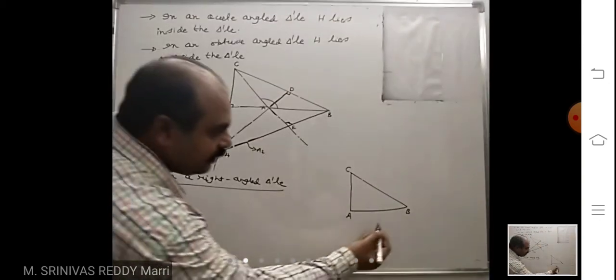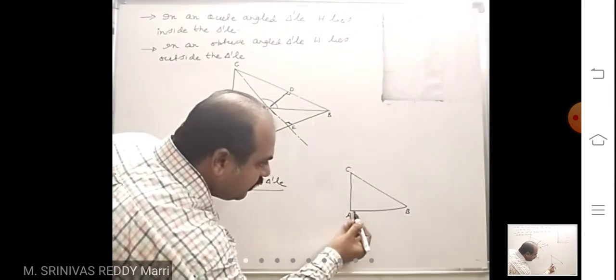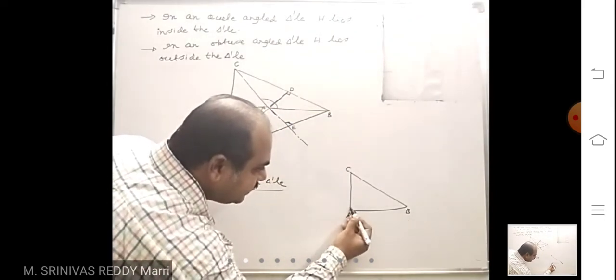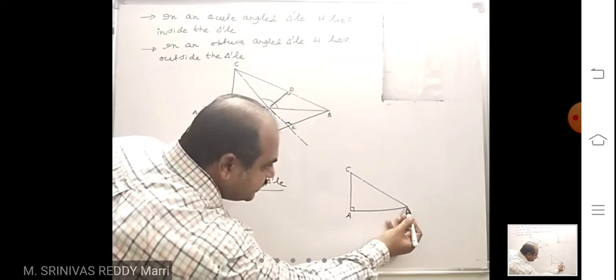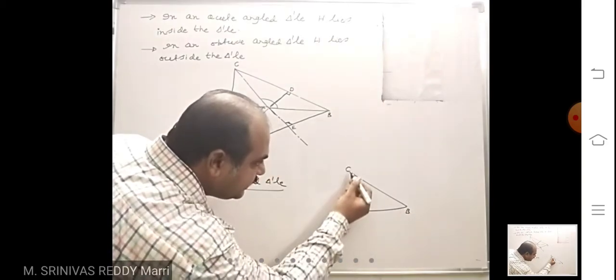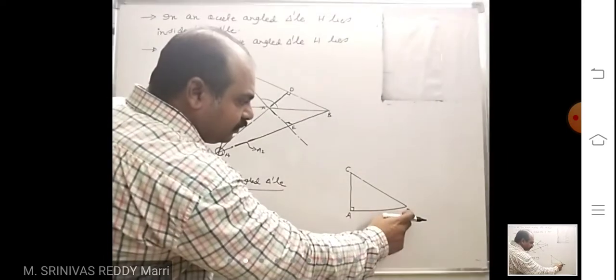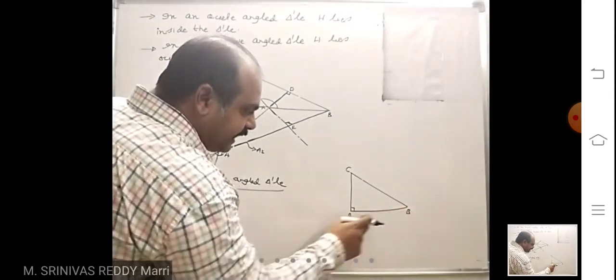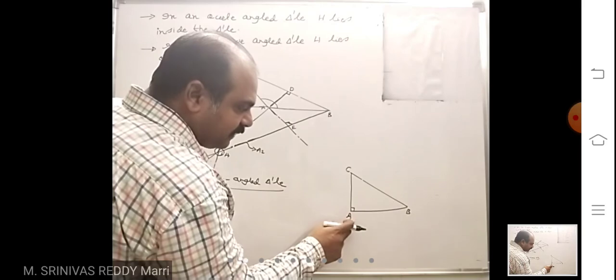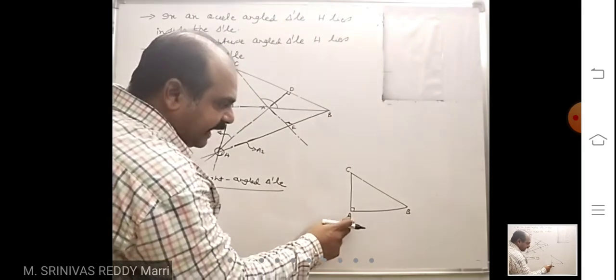Look at here, altitude upon CA. This is 90 degrees. This BA itself is altitude upon CA. Altitude from B to CA is nothing but this BA only. This is one altitude.